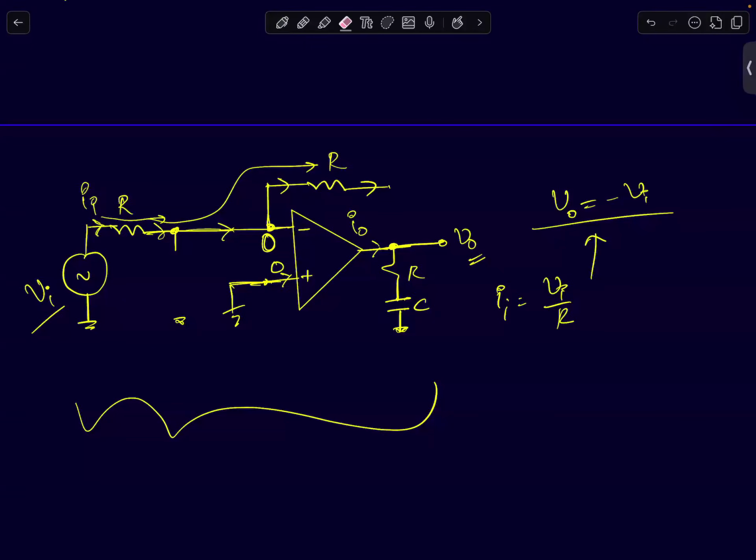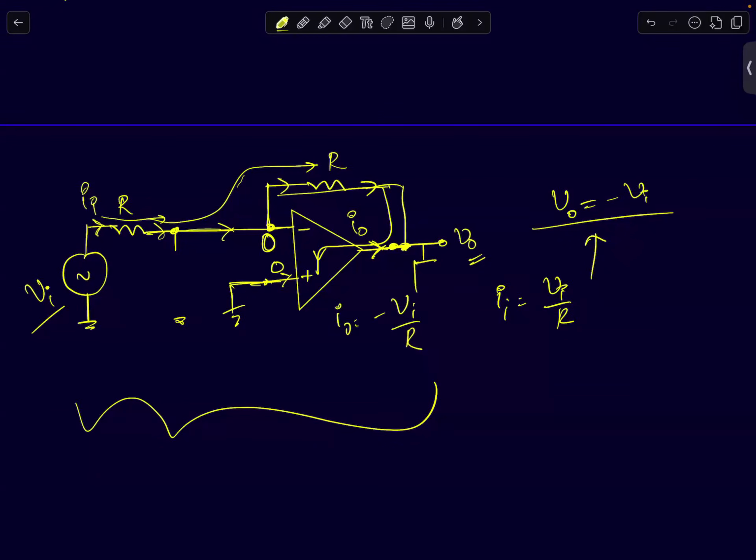See, if there was no resistor here, if RC did not exist, then the current Vi by R has to flow through the opamp. So I naught will simply be equal to minus of Vi by R. There is no confusion there.